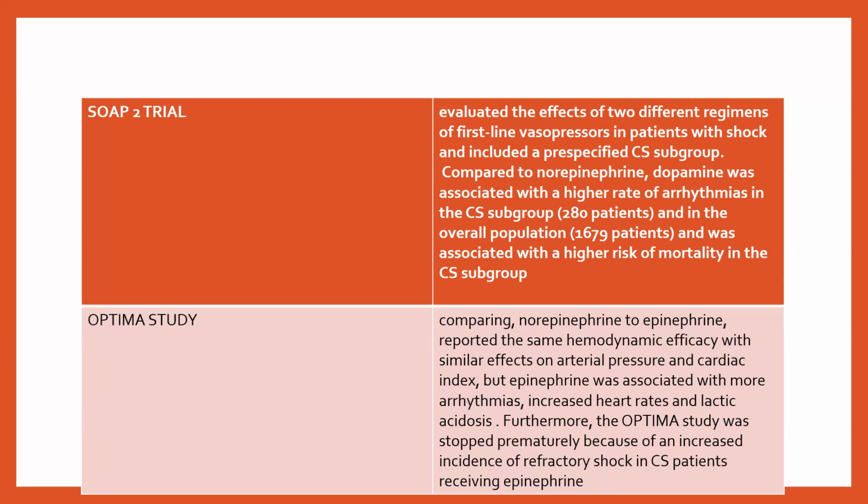Then the next is the OPTIMA study group, which compared norepinephrine to epinephrine, and they reported the same hemodynamic efficacy with similar effect on arterial pressure and cardiac index, but epinephrine was associated with more arrhythmias, increased heart rate, and lactic acidosis. So the OPTIMA study was stopped prematurely because of the increased incidence of refractory shock in cardiogenic shock patients receiving epinephrine.